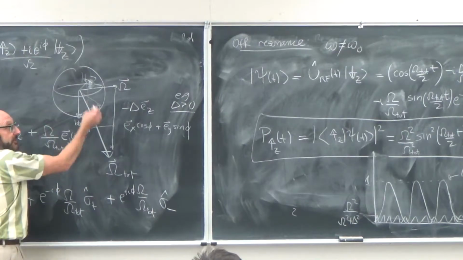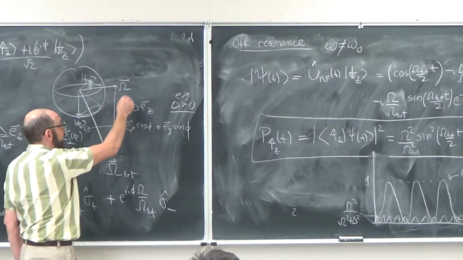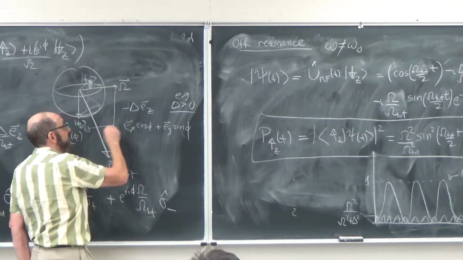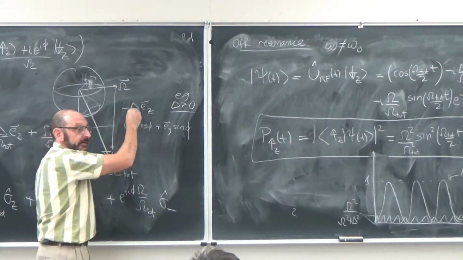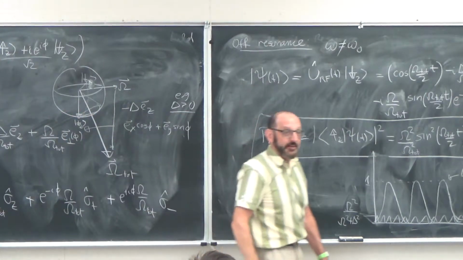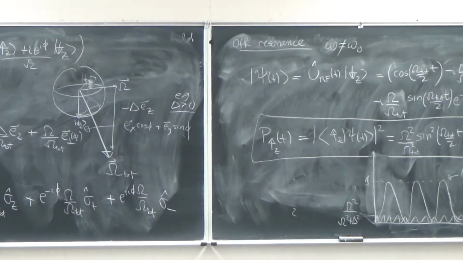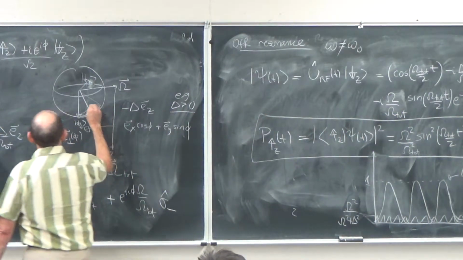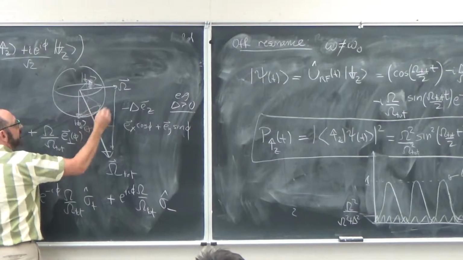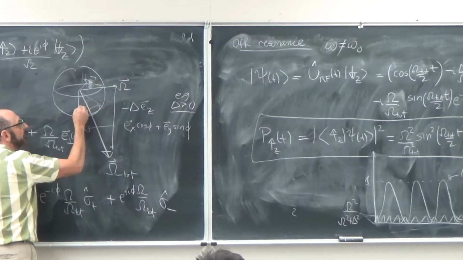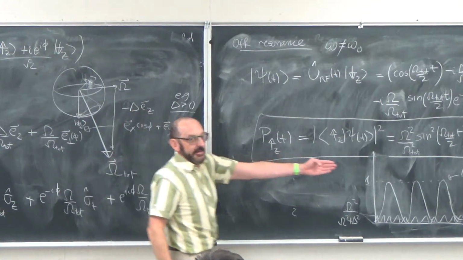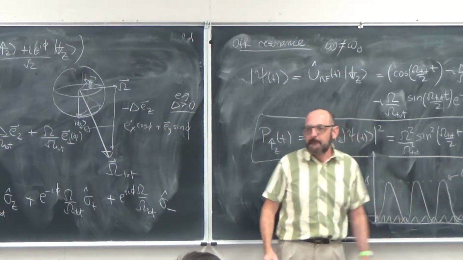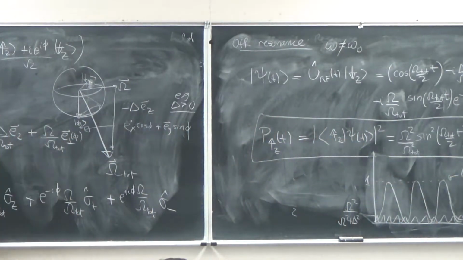And the rate at which it does that is bigger by the length of this vector, which is, by good old Pythagoras, the square root of omega squared plus delta squared. And it's just a little bit of geometry to show that, by projecting this rotating vector on this circle onto this axis, you get exactly this. It's just a geometrical problem.